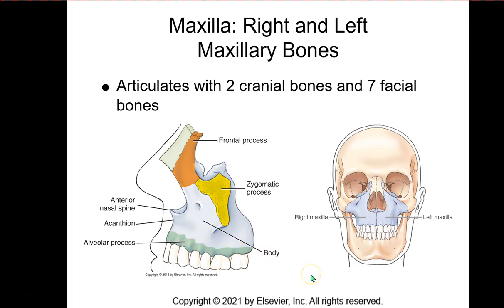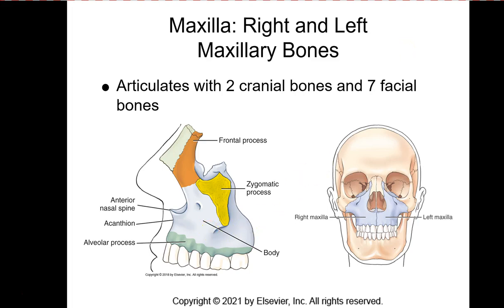The alveolar process is the inferior aspect of the body of each maxilla, and 8 upper teeth occur along the inferior margin of the alveolar process. So in other words, the teeth live within the bottom of this alveolar process. The alveolar process is the bottom of the body.